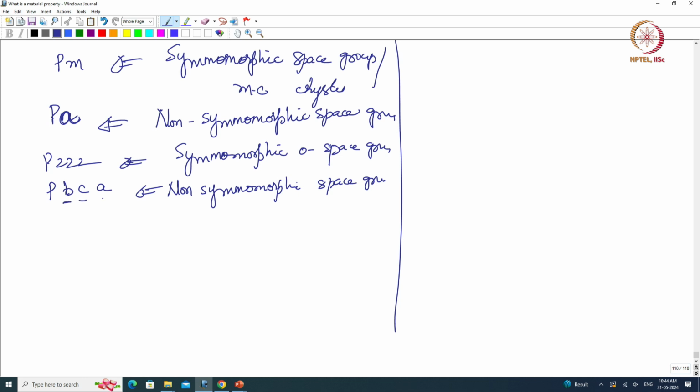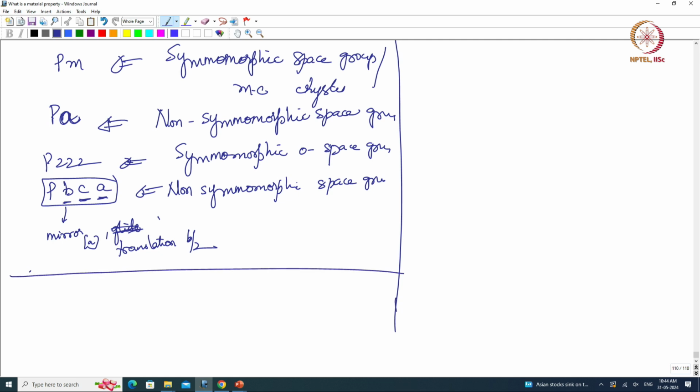Here I have a mirror which is perpendicular to the A axis, and a glide about B, with translation about B by 2. Then I have a mirror about B and translation about C by 2. Then I have a mirror about C and translation about A by 2. So that is what PBCA means. This is a very standard orthorhombic space group.